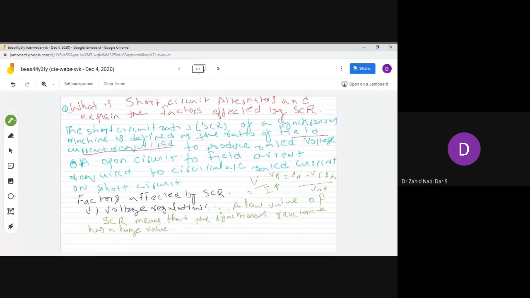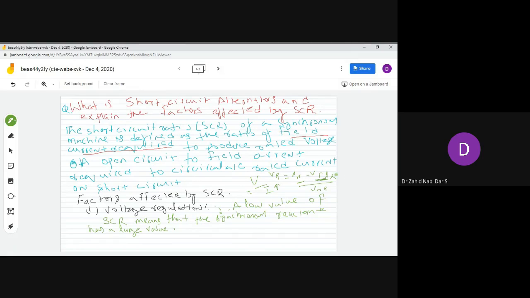So basically, if it has a large value, that would mean whenever we are applying the reactive load on the secondary side, the variation of V full load to V no load would be large.